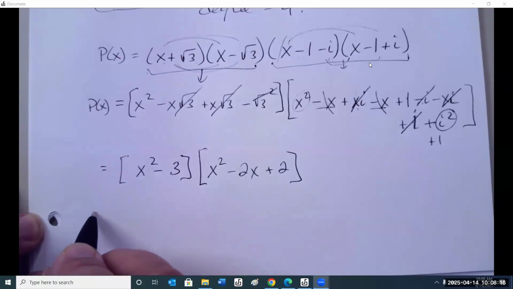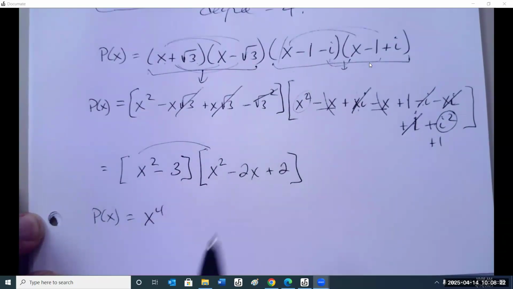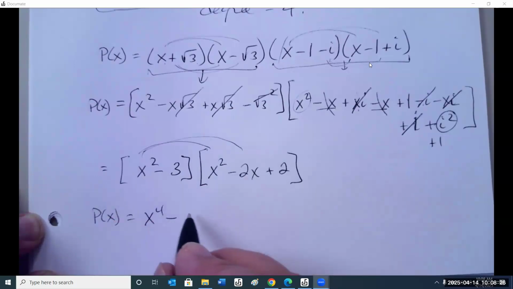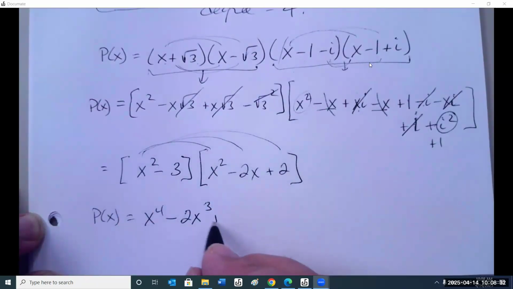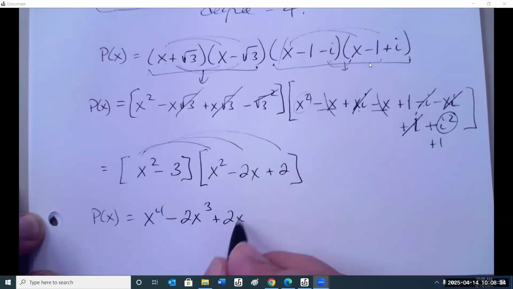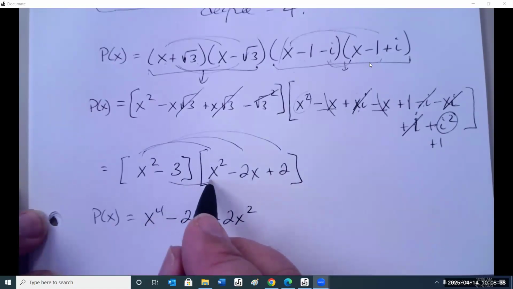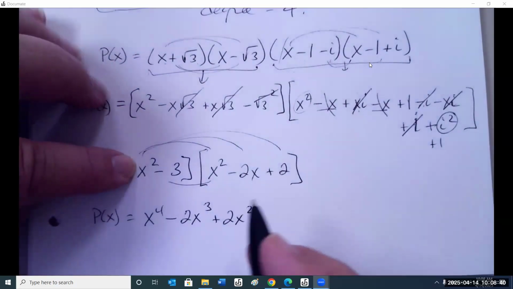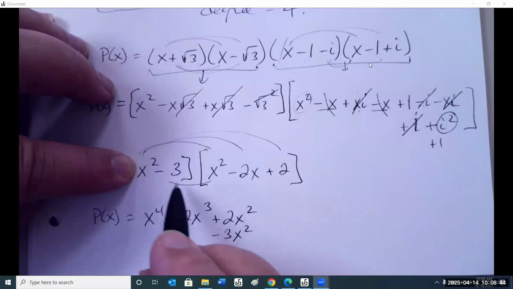And then we've got to multiply these two together. So x squared times x squared is x to the 4th. Positive, negative is a negative. x squared times 2x is negative 2x cubed. x squared, positive times positive is positive, 2 times x squared is 2x squared. Negative times positive, negative, 3 times x squared is negative 3x squared.